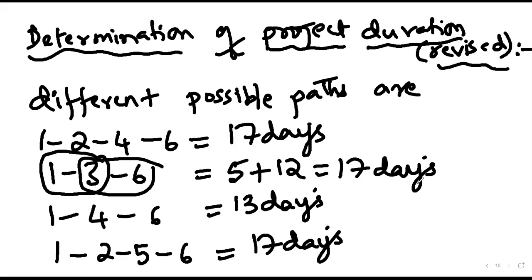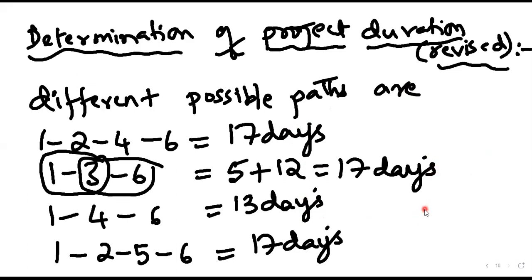Now, if you have to see, this path was critical even in our previous calculation. Now, this is critical even in this particular calculation also. That means the critical path in the first calculation remains critical until the end.